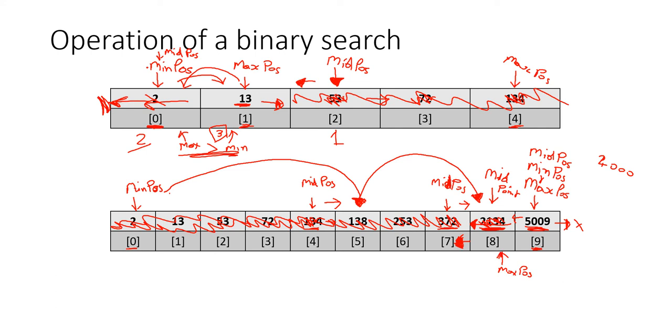So the max position 8, the min position 9. When the max position is no longer greater than the min position, it's not there. The item that we're looking for is not there at all.